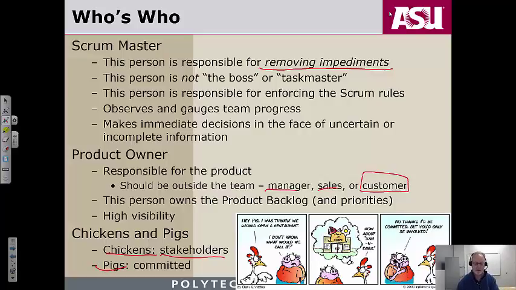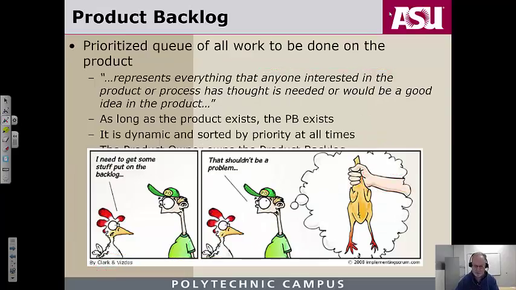But the pigs actually kind of rule over the chickens, in the sense that since the pigs are responsible for delivering the product, they get a priority over how the project is conducted and what you actually do. And we'll see when we talk about Scrum boards and so forth, you'll see very specific manifestations of that. So chickens and pigs, we will talk about that the rest of the time.